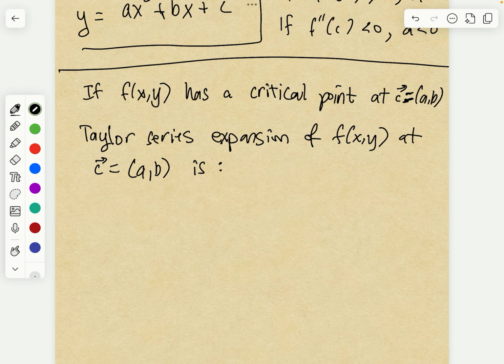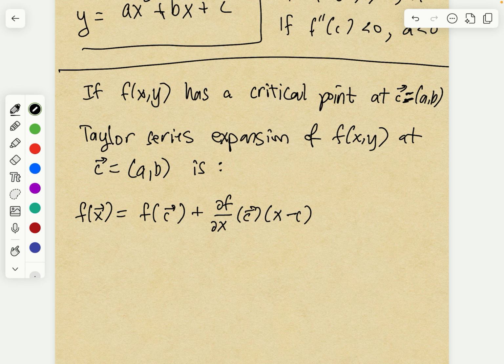And what it's going to look like is this. You have f of x, where x is (x, y), equal to f of c plus partial f partial x evaluated at c times (x minus a) plus partial f partial y evaluated at c times (y minus b).